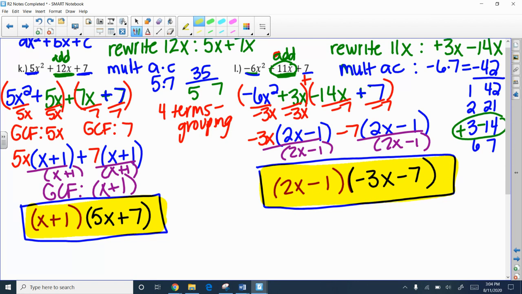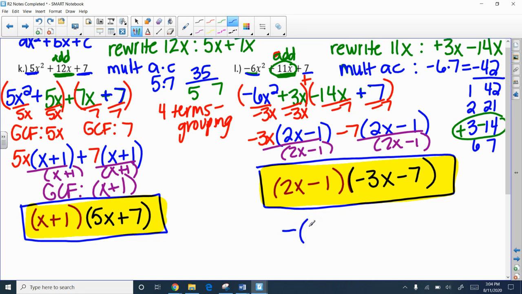As I mentioned at the beginning of this problem, some people could have preferred to factor out a negative 1 first and then factor what was left. If we did that, notice these terms are both negative, negative 3x minus 7. Here's what that would look like. I could take a negative 1 out of this factor, so I'd have a negative 1 in front, and you don't really have to write the 1.